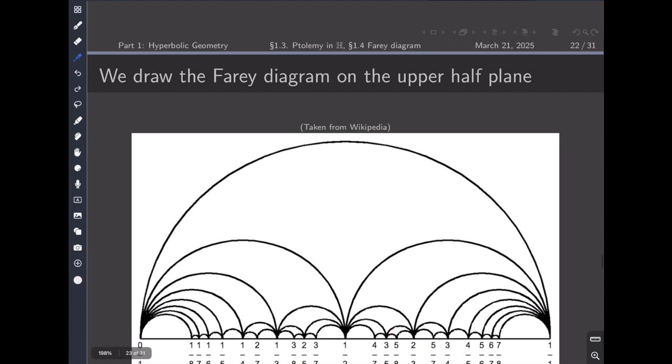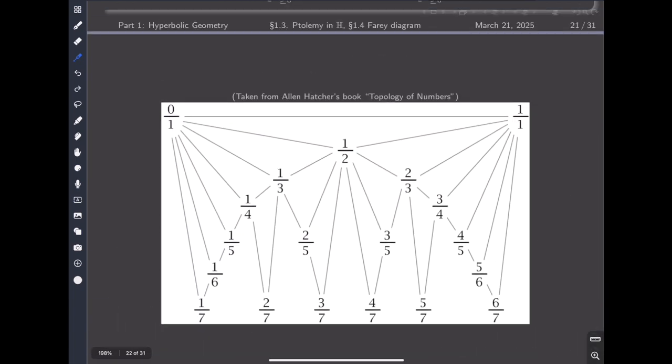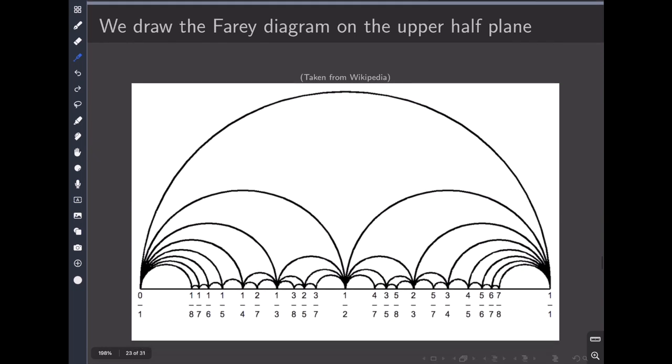Okay, and of course now what I'm going to do is, this way of drawing, having the numbers all scattered this way, is not nice. So we prefer to have all the numbers on the real line, and we better draw the edges curved, right? And we already have a gadget to do that.